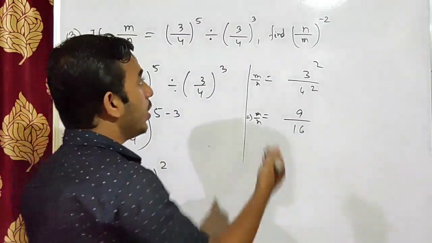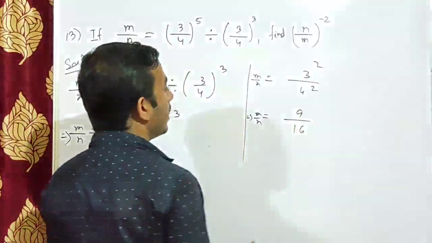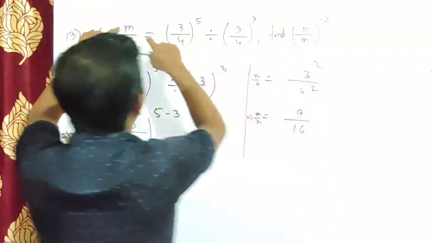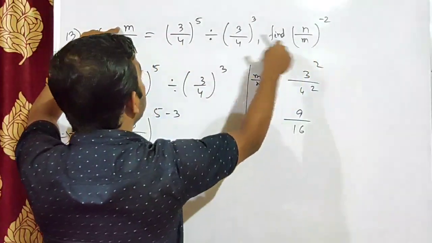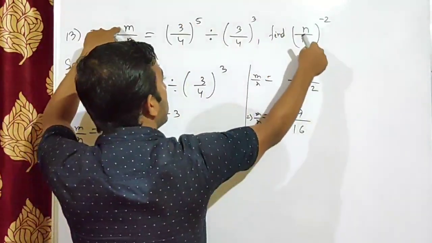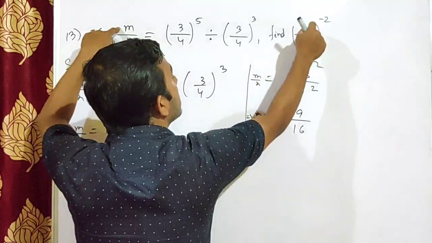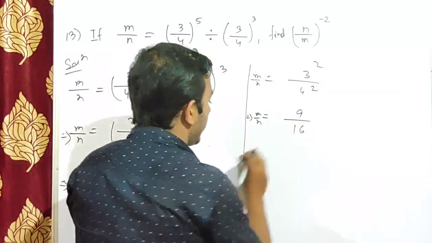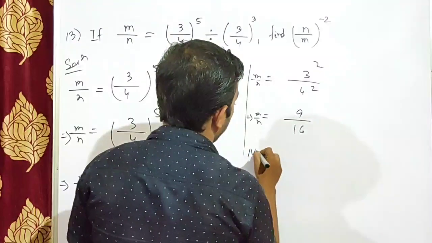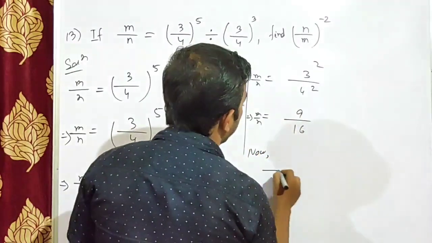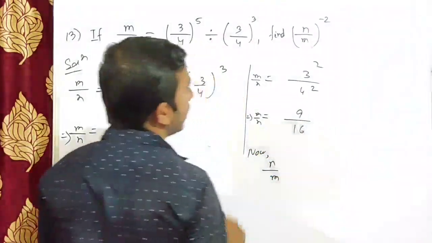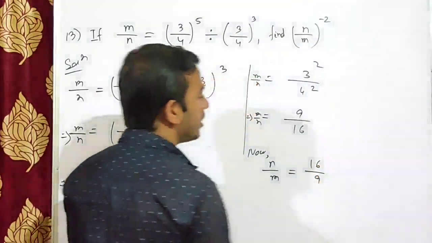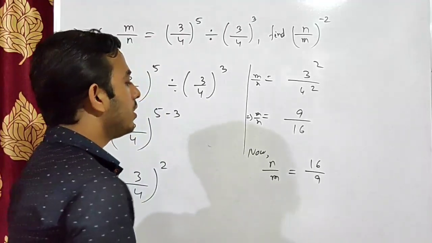Now what we have to find? We have to find n by m. What is the difference? Here in m by n, m is in the denominator and n is in the numerator. So n by m equals 16 by 9.